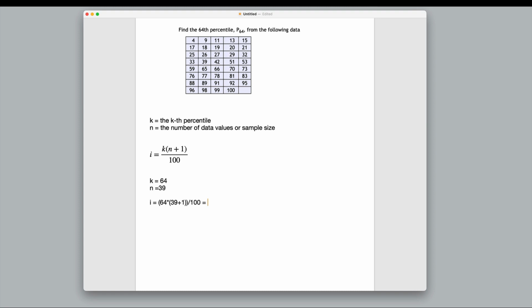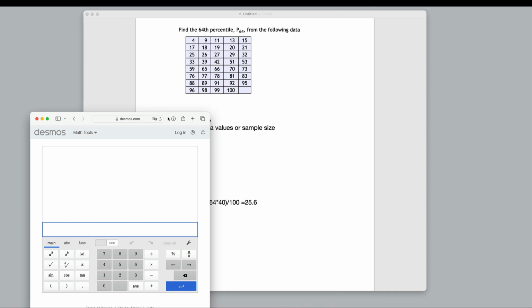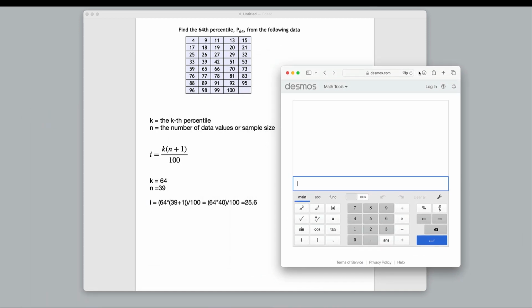So we get 64 times 40 divided by 100, which gives us 25.6. You can do that using decimals as well, with a fraction bar: 64 times (39 plus 1), divided by 100.